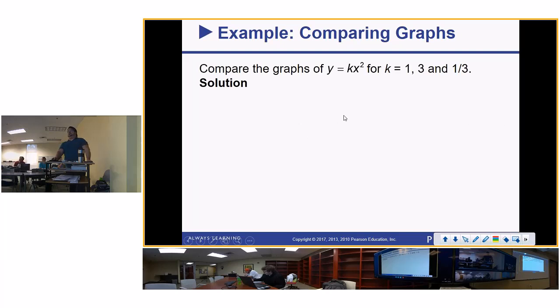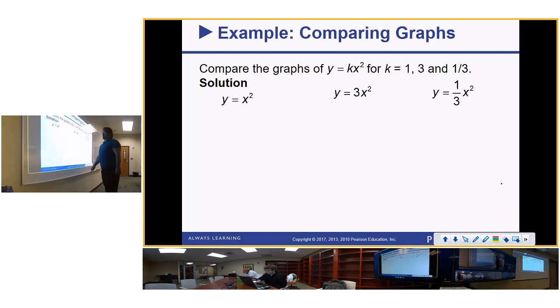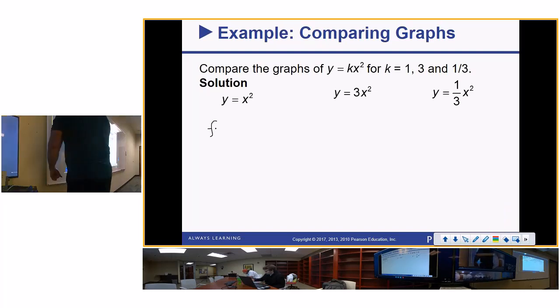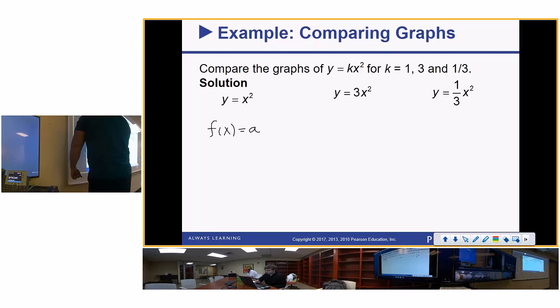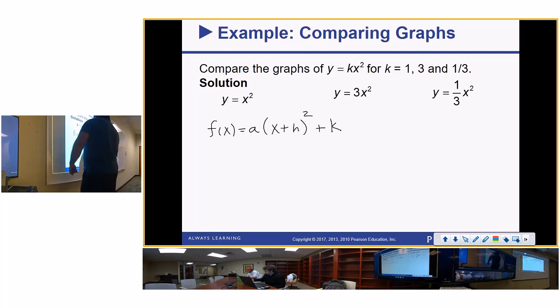Okay, compare the graphs of y is equal to kx squared, so you type that in, but I don't understand what y is equal to x squared. It's going to be a parabola. Oh, okay, I see what they're doing. What does the orientation do? We talked about this. If you have f of x is equal to A times x plus h, quantity squared, plus k, what does A tell you?